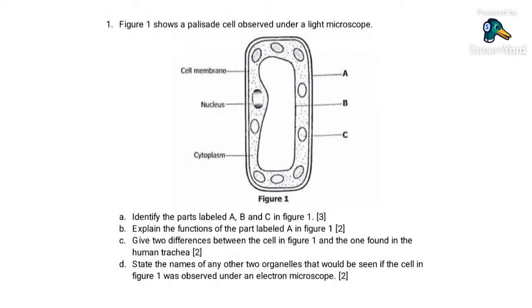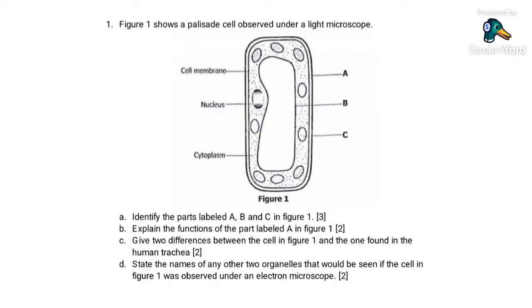And then C. For those that cannot see clearly, C is pointing at a circle which is inside the cell.